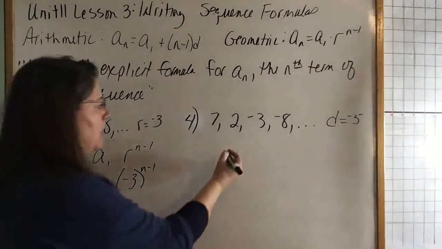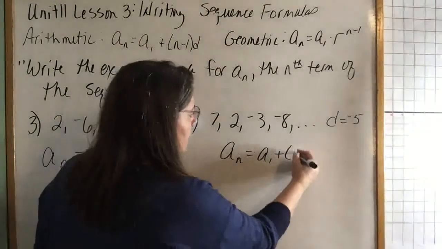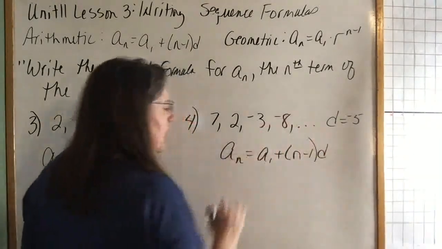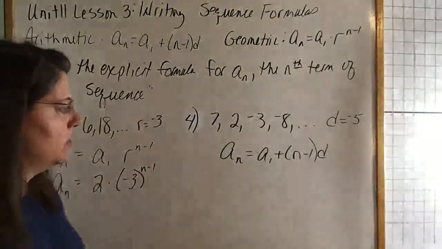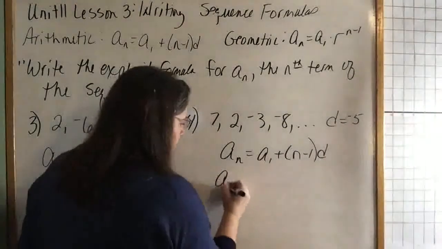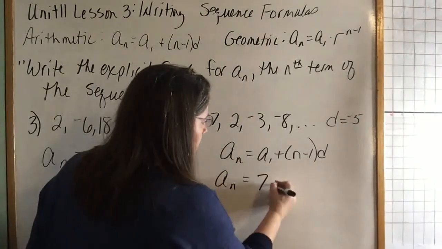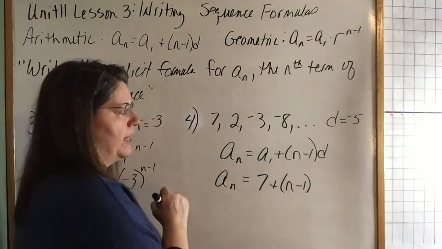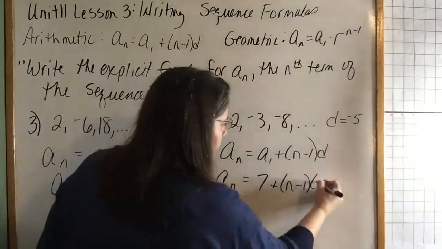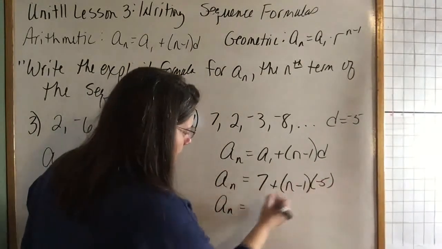And we're going to use the arithmetic formula, a sub n equals a sub 1 plus n minus 1 times d, and I'm going to plug in for everything that I know except the n value. So I've got a sub n equals a sub 1 is 7. We don't know n, they haven't given us a specific term to find, and d is -5. I'm going to simplify that by distributing the -5.